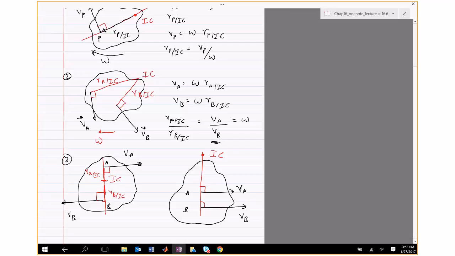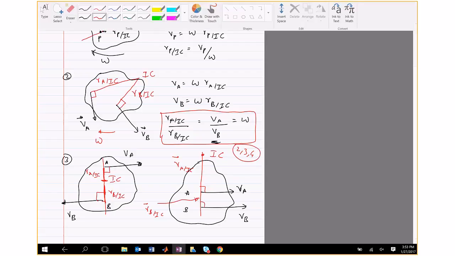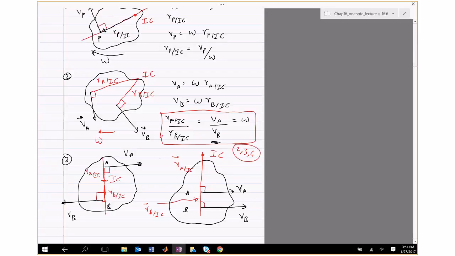Okay, again, the formula for the IC in this case is going to be the same as the one we derived earlier. This formula is going to be used in cases 2, 3, and 4. This is 4, which has the same formula for the IC.